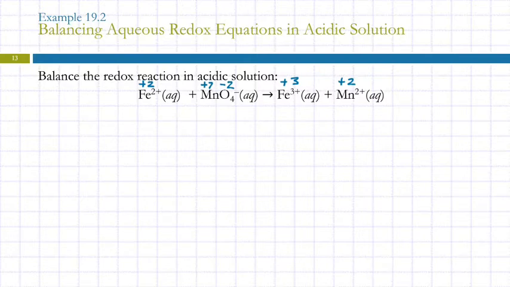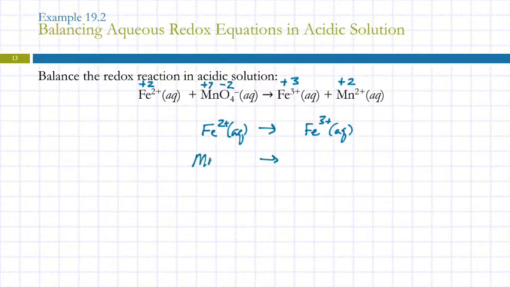Okay, so let's write our half reactions. So Fe 2 plus aqueous going to Fe 3 plus aqueous. And the other one, we've got permanganate ion going to manganese ion.